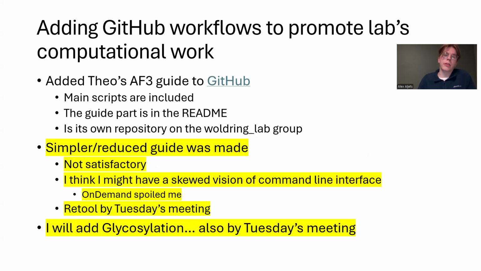Also in the past two weeks, I made the reduced guide that's in the README in the GitHub. Joelle didn't like it because she thought it should be more focused on command line, and I still put in screenshots because in my head, that's what I'm looking at when I'm doing the command line, that breakdown of directories and stuff.